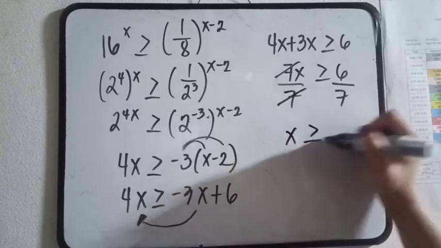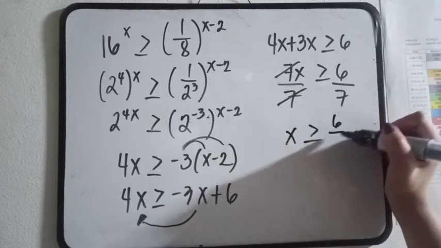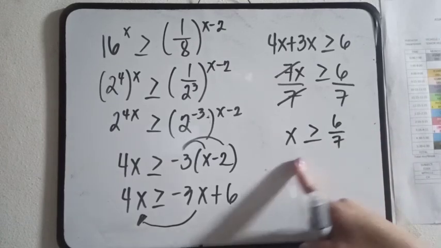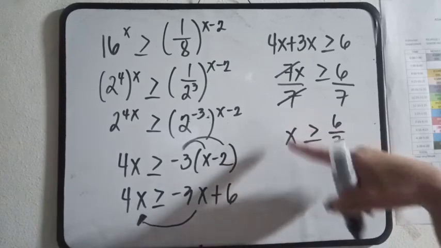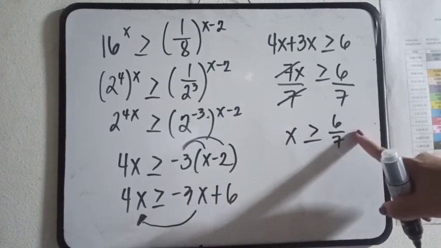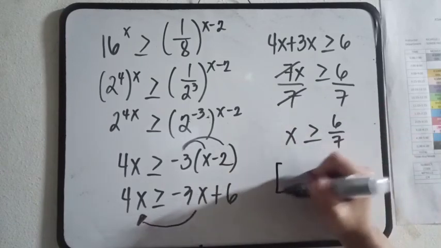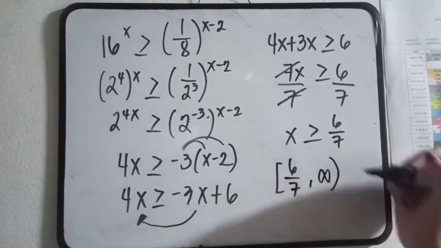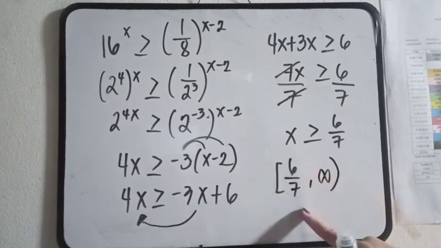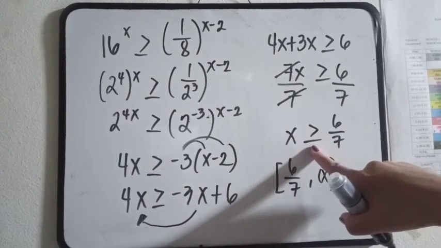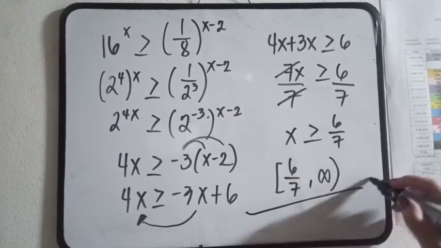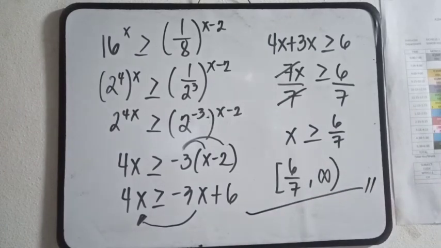So, ang ating magiging final answer is x is greater than or equal to 6 over 7. Okay, so ang ating interval notation, since mataas daw si x or equal kay 6 over 7, from positive 6 over 7 to positive infinity. So, naka-bracket si 6 over 7 since included siya sa pwede maging value of x. Ito ang ating final answer.